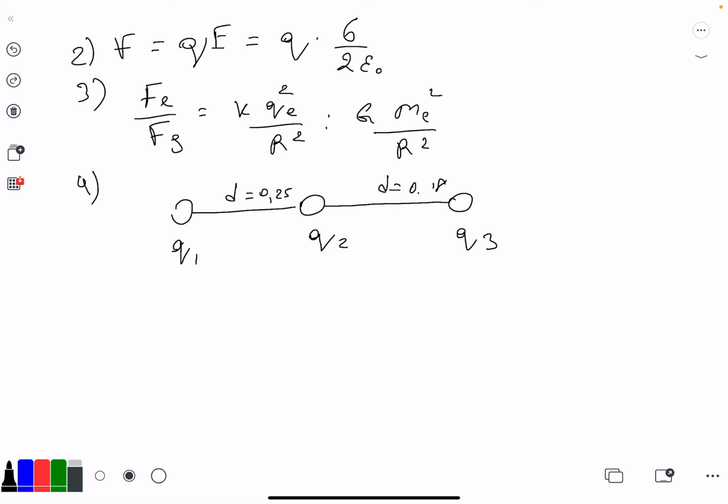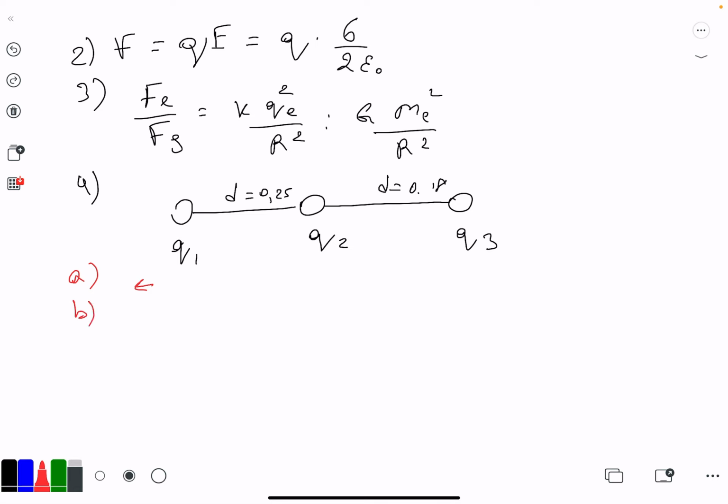Okay. Now the force between Q2 and Q3 is directed to the left if two charges are negative. So in the first case, it is directed to the left if two charges are negative. So it's true, it will be directed to the left if two charges are negative because it will be a repulsion force.